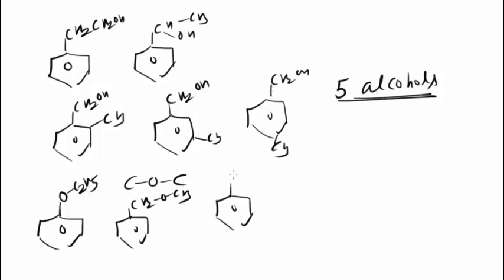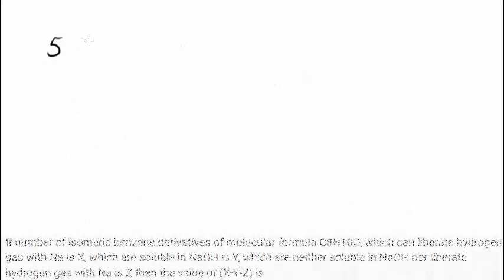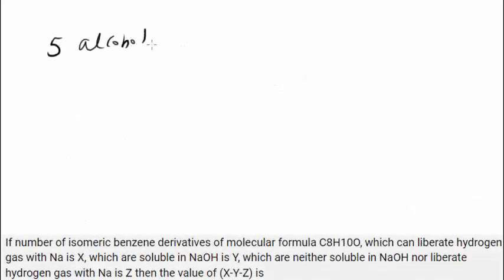Now from the second skeleton you can get this, from the third skeleton you may get this, and from the fourth skeleton you will get this. So how many ethers do we get? 5 ethers. So total 5 alcohols, 5 ethers, and 9 phenols.